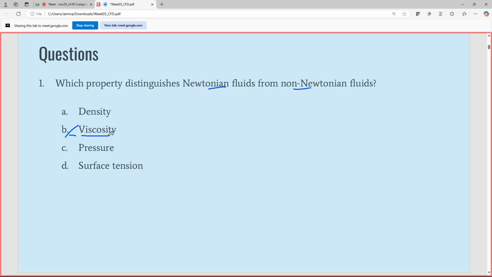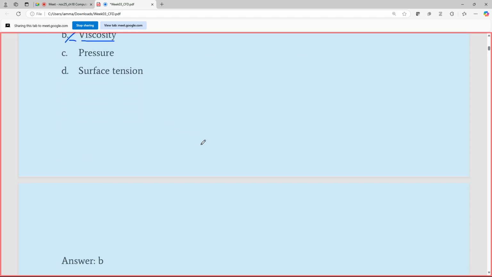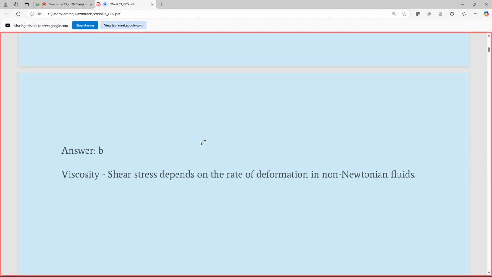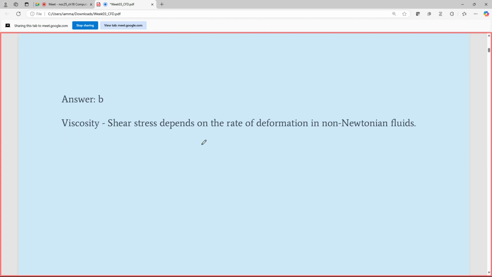So basically, viscosity is the property which distinguishes between Newtonian and non-Newtonian fluids. And for non-Newtonian fluids, shear stress will be related to the rate of shear strain by some factor that is called viscosity.